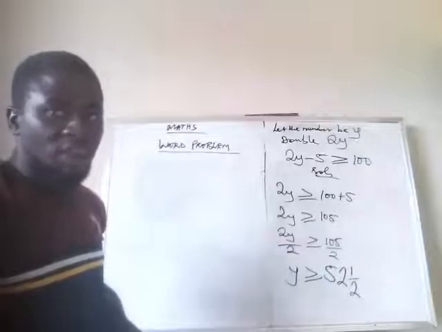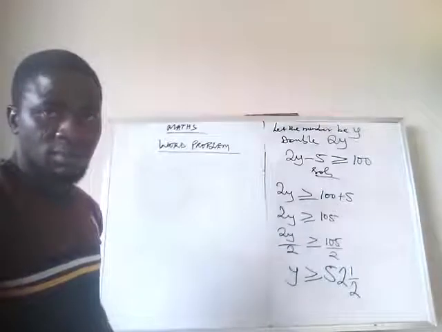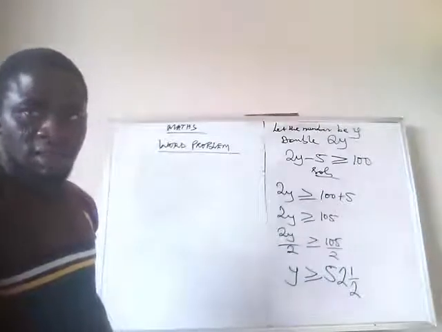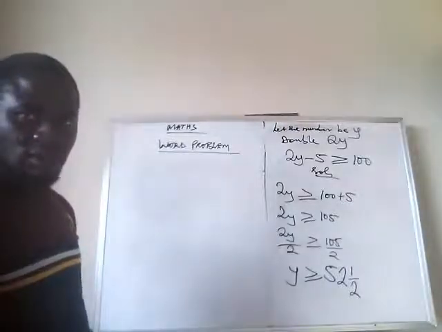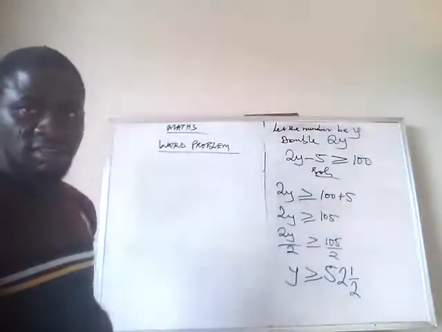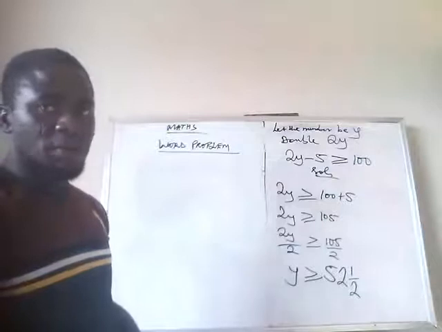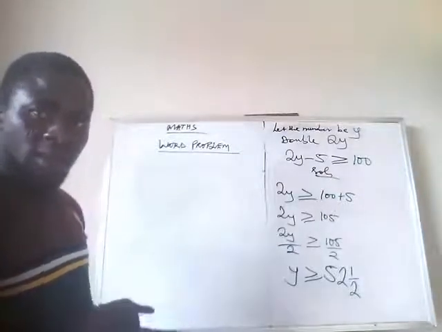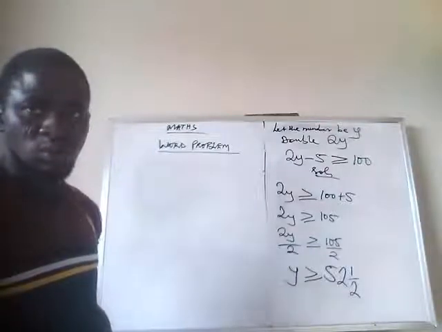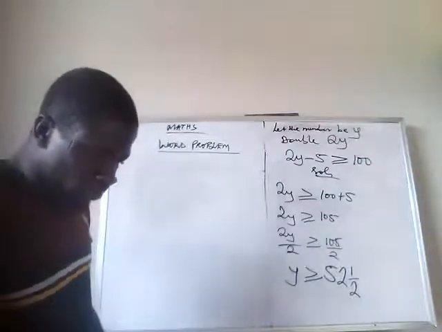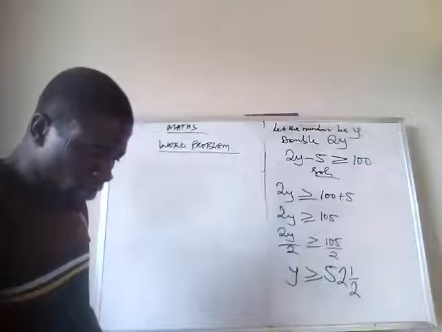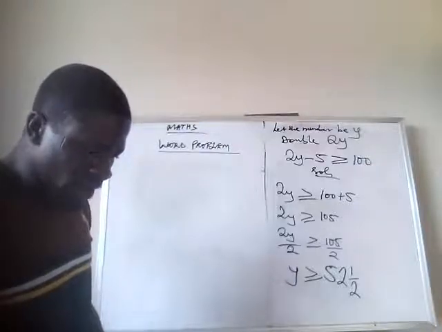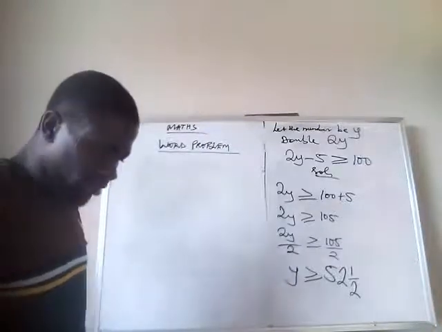Remember, when they said cannot be, it means it's either equal to that thing or less than. Since they said cannot be greater than, it means it is less than or equal to. The question continues to say, find the range of values of x.